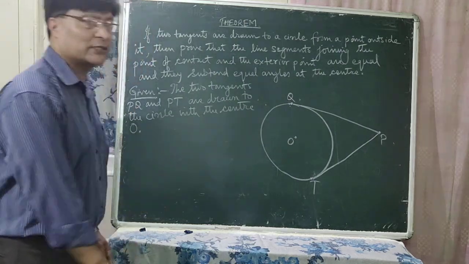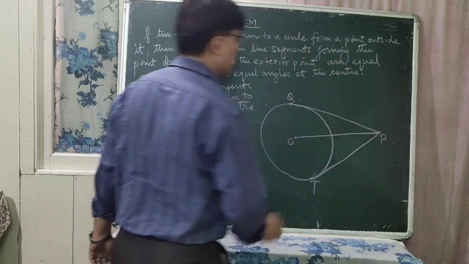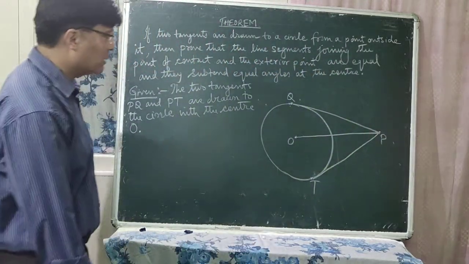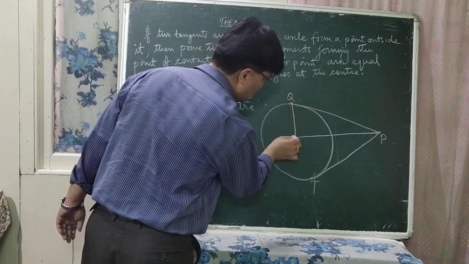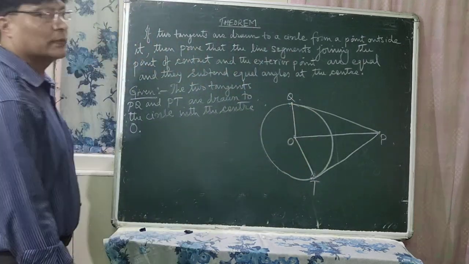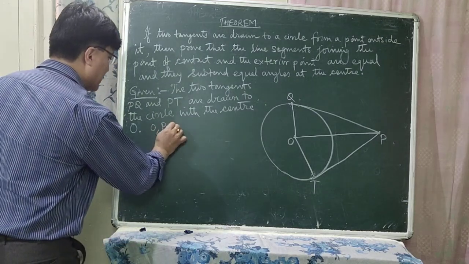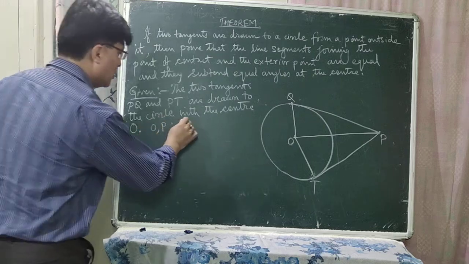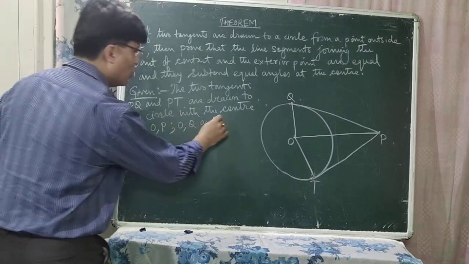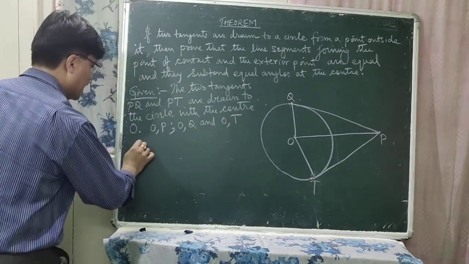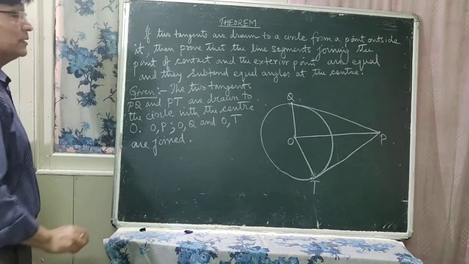So in this case we will join O and P. This center and this exterior point P are joined, and then you can join OQ, and then you can join OT. Is that clear? So now OP, OQ and OT are joined, right?